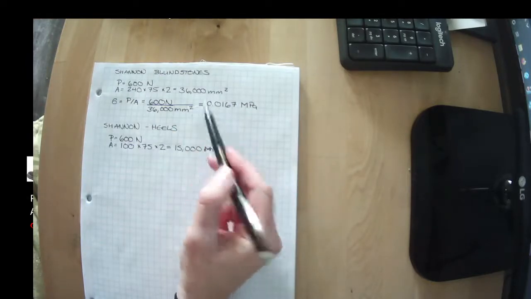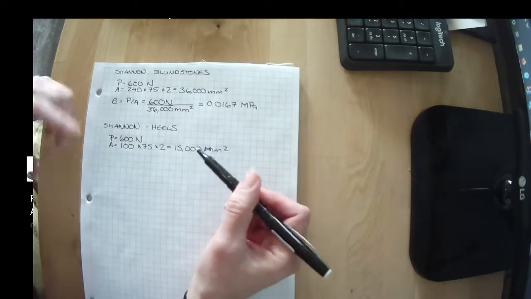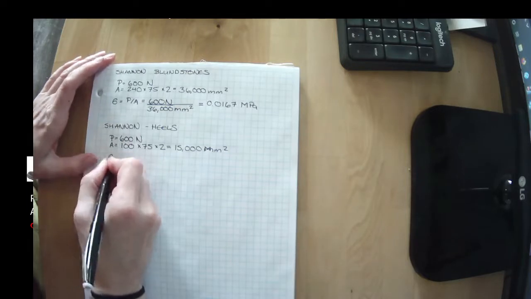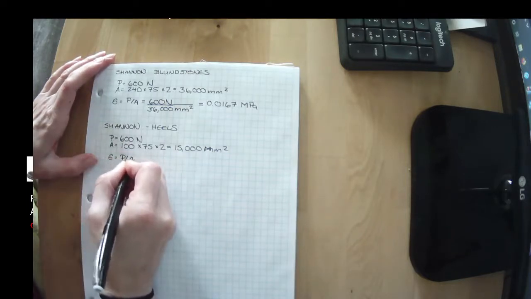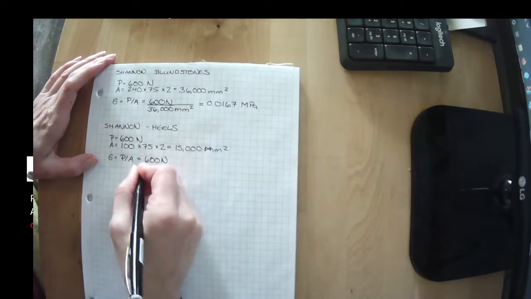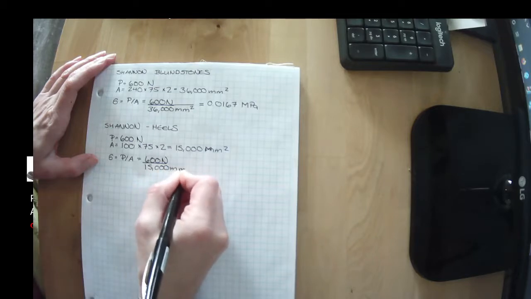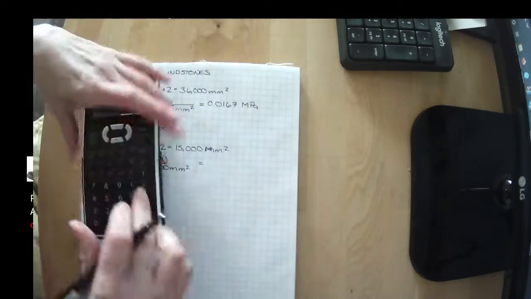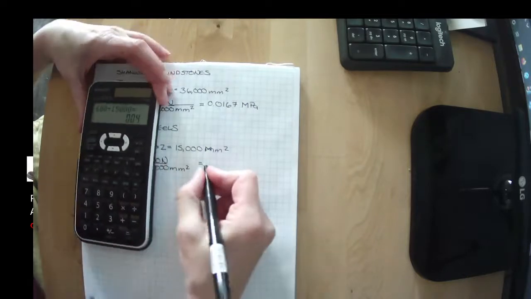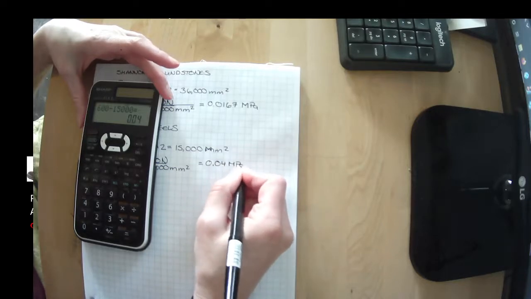So what do you think? Same force, smaller area. Is the stress going to go up or down? I think our stress is going to go up. Stress equals force divided by area. We have 600 newtons divided by 15,000 millimeters squared. 600 divided by 15,000 is 0.04 MPa.